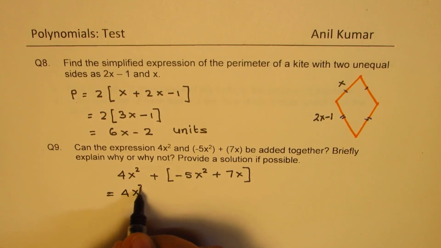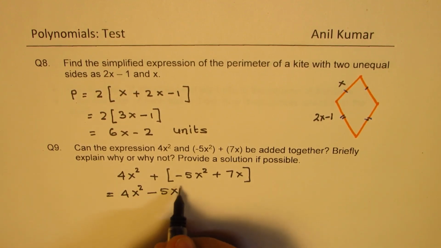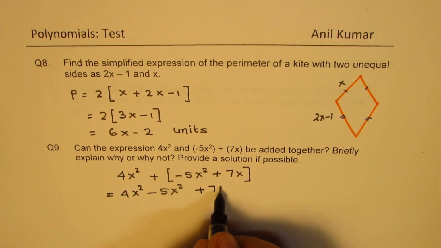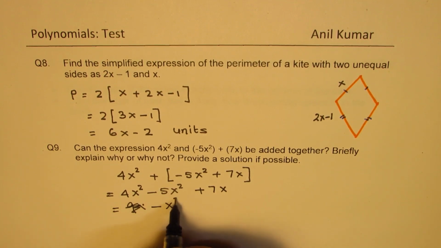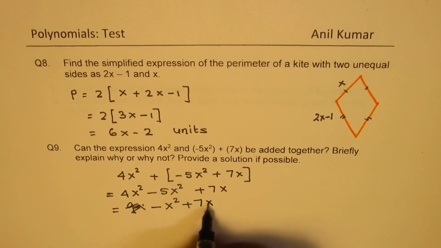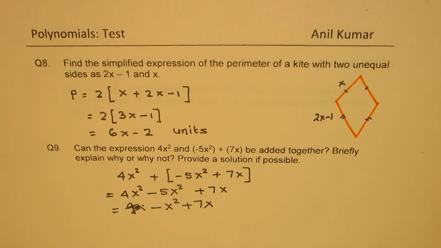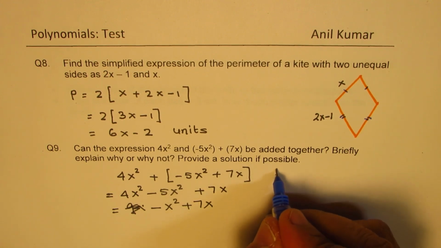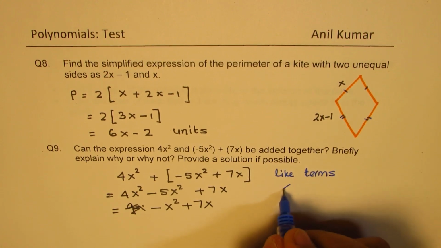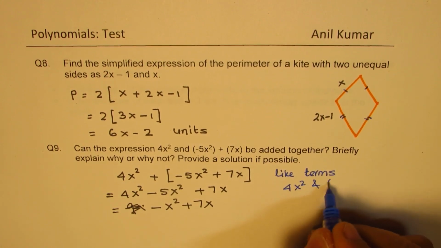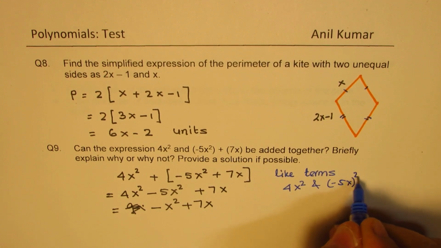So it is 4x squared minus 5x squared plus 7x. Now these are like terms, so you can add and write this as minus x squared plus 7x, right? So we could really add it. So we have like terms. 4x squared and minus 5x squared can be added.